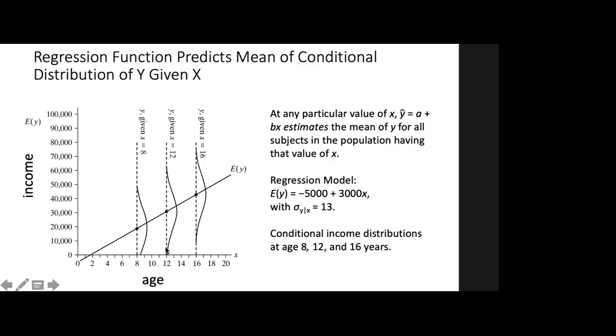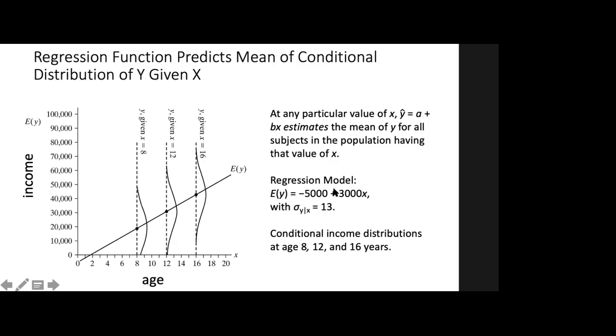For age 12, our regression model predicts the mean income of all individuals in our population that are 12 years old. Here it predicts the mean income of all individuals that are 16 years old, etc.